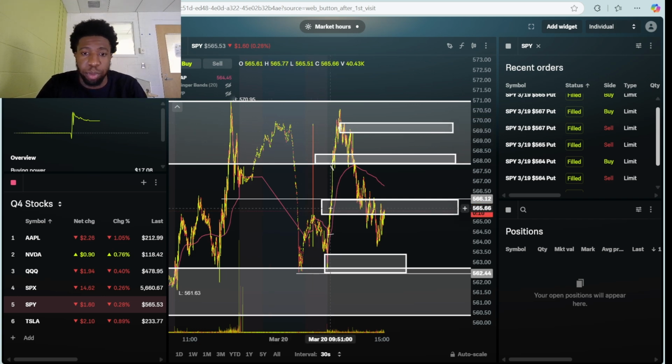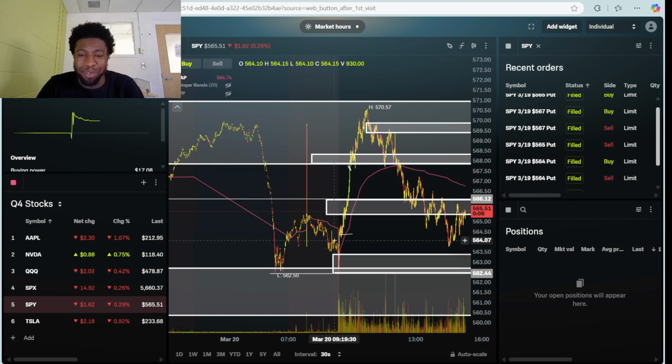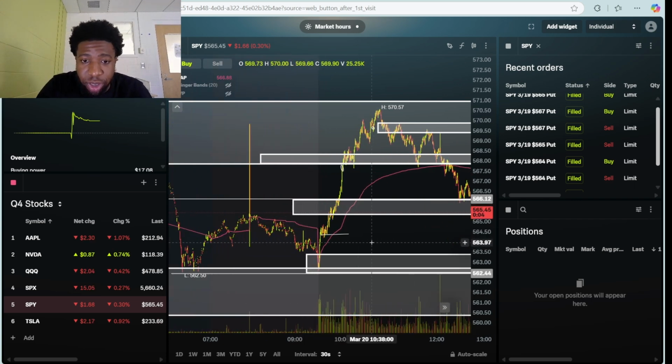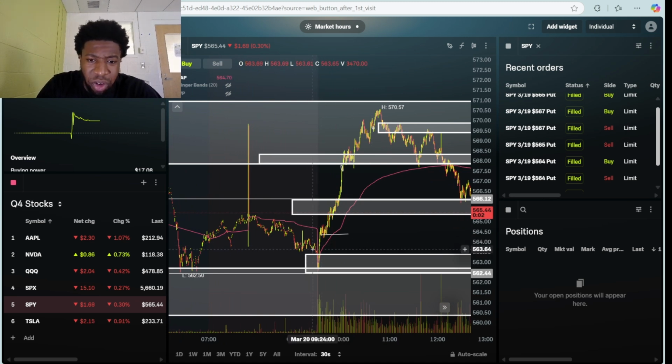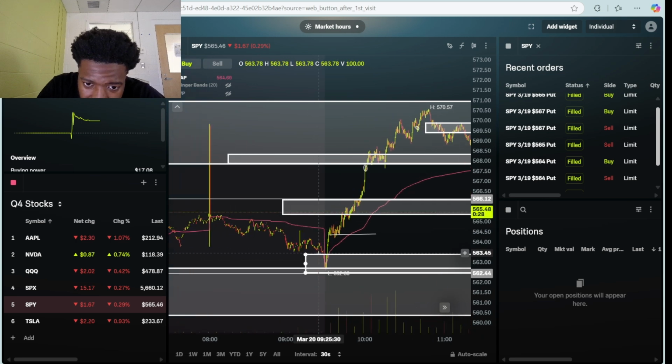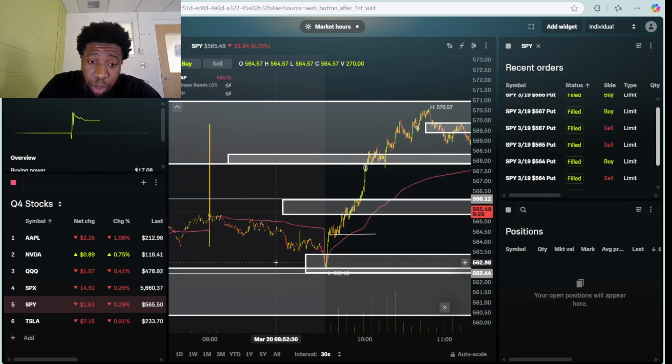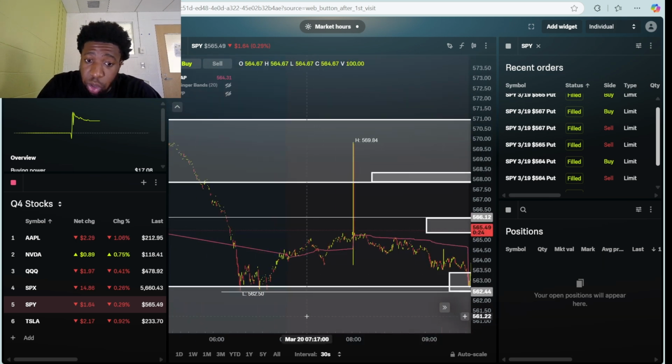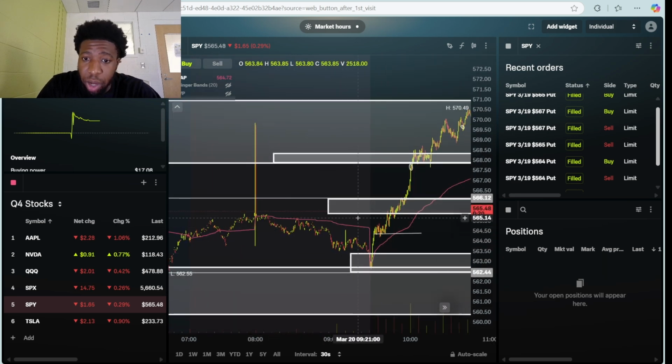But let's get back into what SPY did today. So today SPY initially fell for like 2, 3 minutes only, but I'm sure it might even be less than that. It went to basically the low of yesterday or low of pre-market and then bounced.